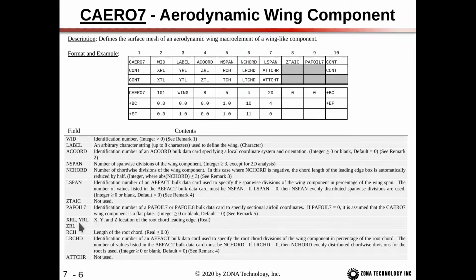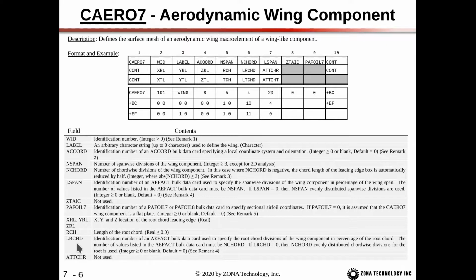XRL, YRL, ZRL are the X, Y, and Z locations of the left side of the CAERO7, in the local ACORD coordinate system. If ACORD is blank, then this would just be the global ZAERO coordinates. RCH is the length of the chord of the left-hand side of the wing.